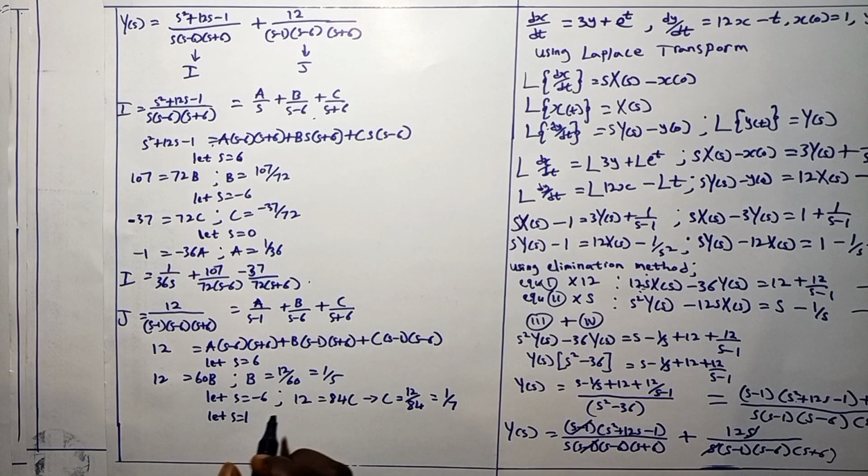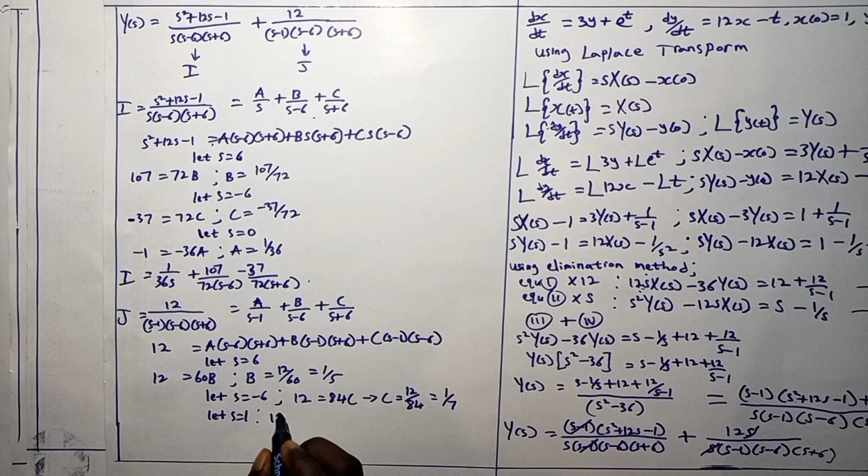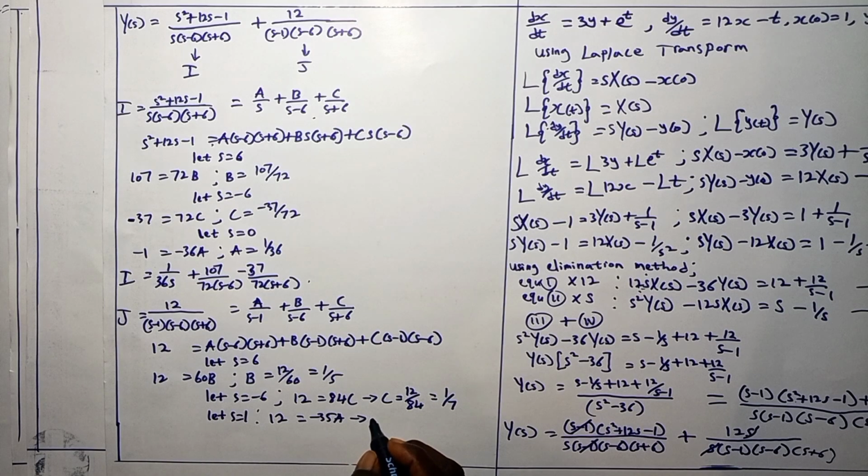We are left with only A. So it's 12 on this left-hand side. Then we are left with minus 35A, which is now minus 12 over 35.